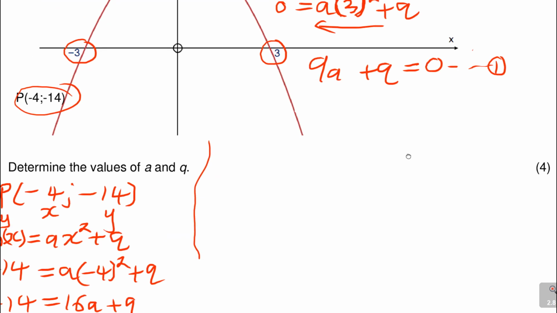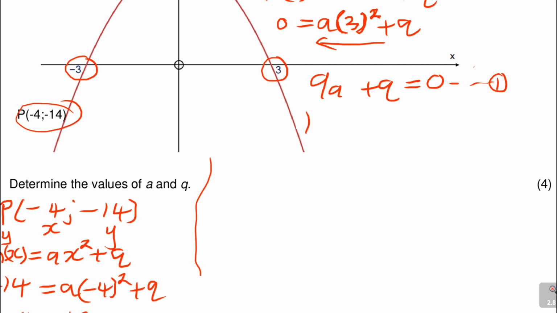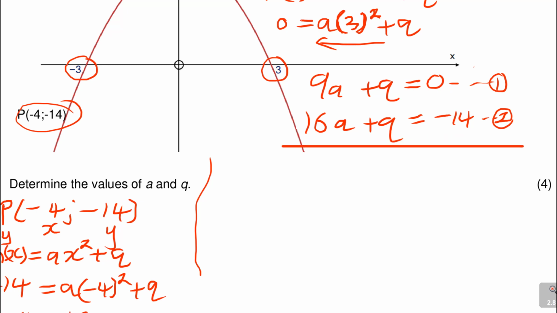So I'm going to bring it here to say 16a plus q is equal to negative 14. This was equation 2. So it's easier, look, q and q, so I don't have to struggle with a simultaneous equation whereby I just need to subtract.